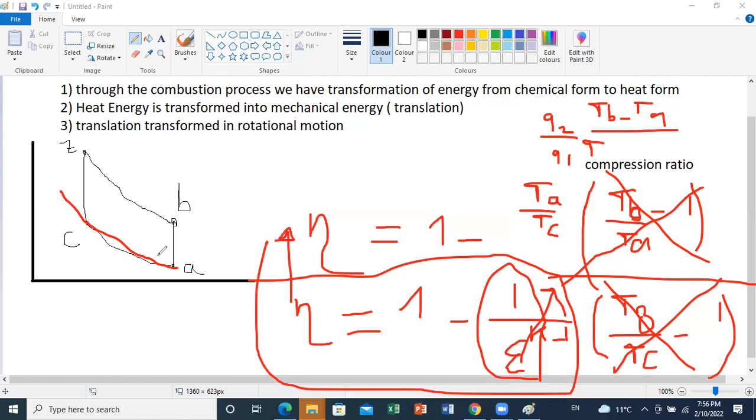So it's a good strategy to increase the compression ratio of an engine in order to increase its efficiency. Okay, so this was one practical example on the different concepts introduced in this chapter.